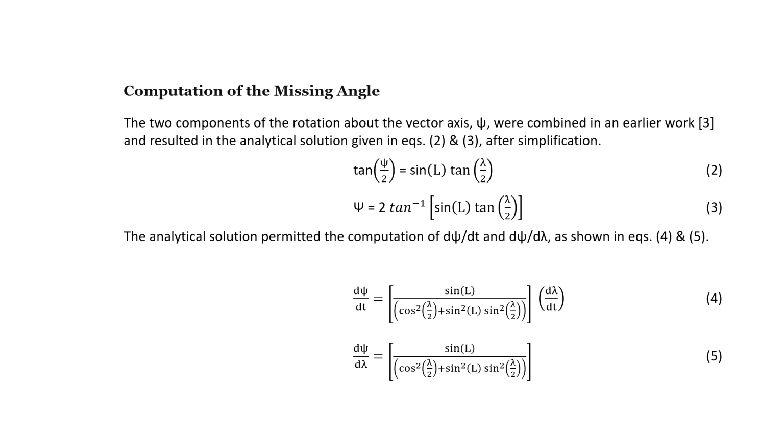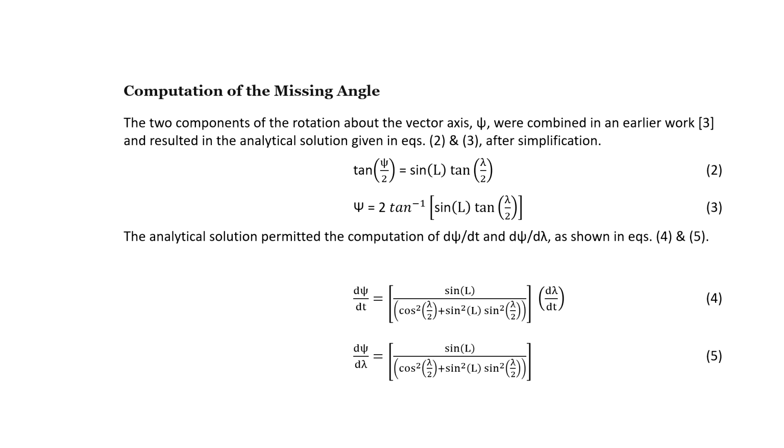So when you add these two components, you come up with an equation, and the equation simplifies to equation number 2, which involves the tangents of the half angles, which is kind of interesting. And then since it's an analytical expression, you can take the derivative very easily, differentiate, and you can get the rate of change of that angle as a function of the rotation angle.